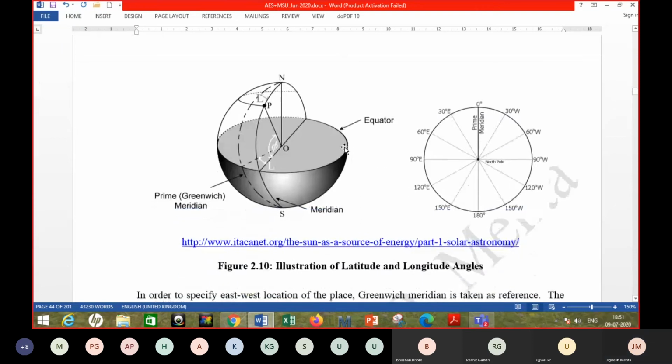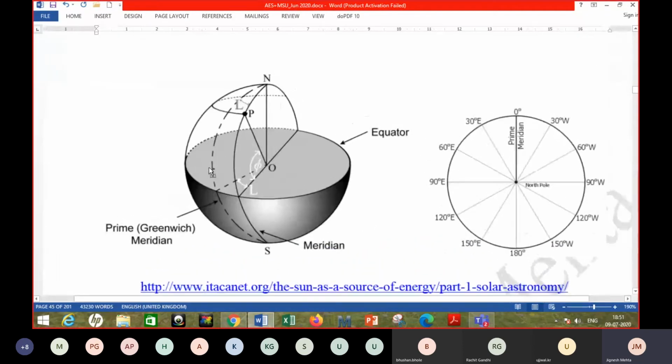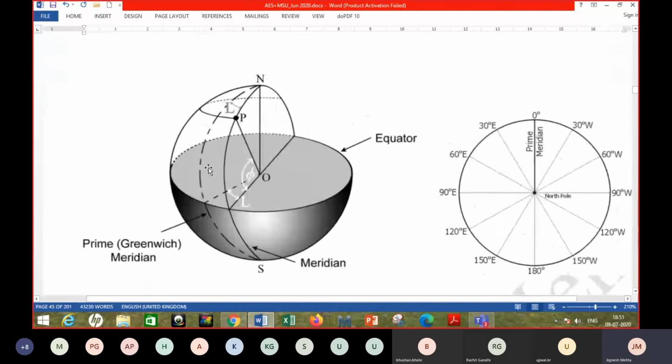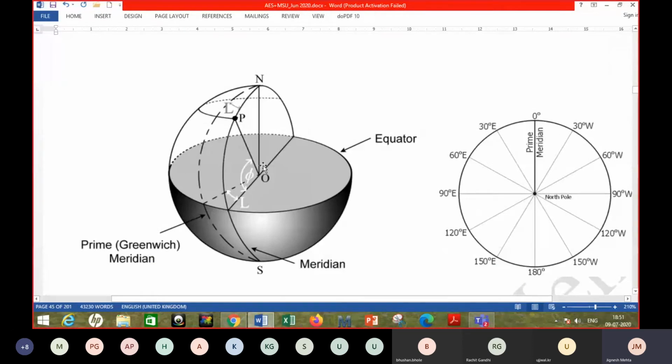So this diagram explains the concept of longitude and latitude. Here you can see we are talking about a place P on the surface of the Earth, and this is the center of the Earth.